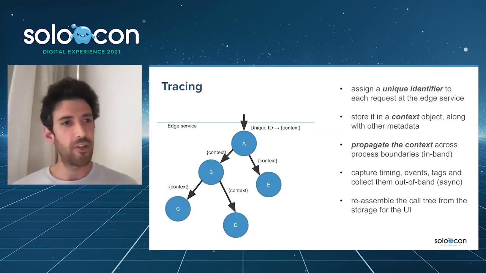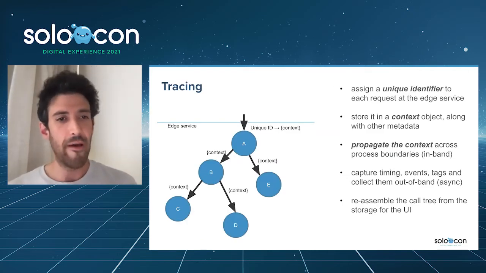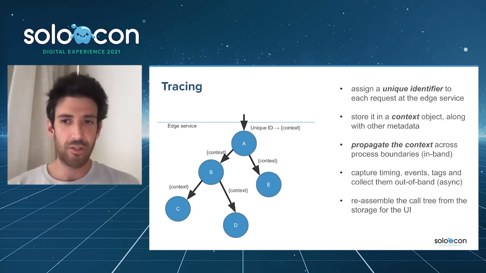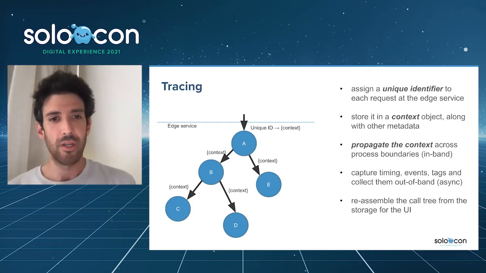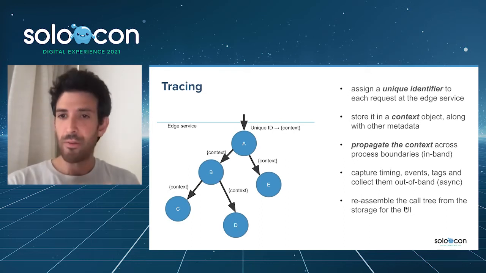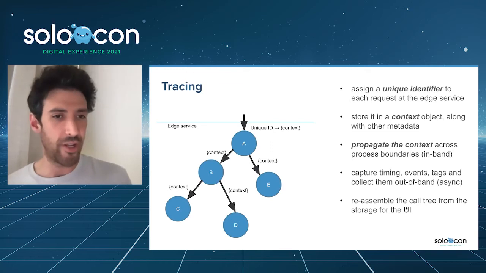Just to give an explanation of how tracing works, the edge service that initiates a flow of requests creates a unique identifier and initializes a context. That context gets passed down in headers to each backend service that gets called in the chain.